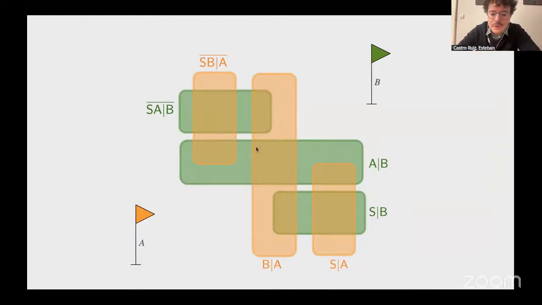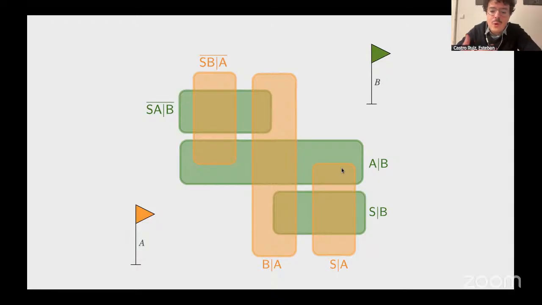It intersects, of course, with B relative to A, which makes a lot of sense. It intersects, of course, with S relative to A. In the end, A's reference frame is involved in measuring S. But importantly, this is not the full information. It also intersects, and by intersect, I mean don't commute, so that observables here have information about this subsystem here.